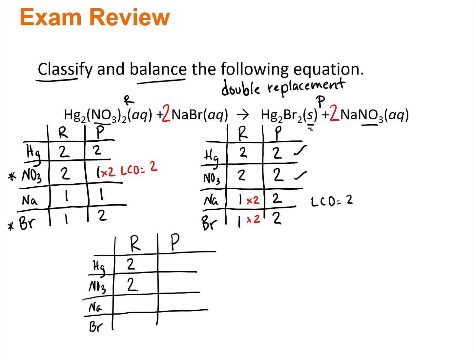But we placed a 2 in front of the sodium bromide. So now we've got 2 each of the sodium and bromine atoms. We didn't touch the product side at all. So that should all be the same as the table before. Now we're balanced. If we were to list all of the coefficients from the reactant side to the product side, remembering that if there's no coefficient, it's a 1, it would be 1, 2, 1, 2.